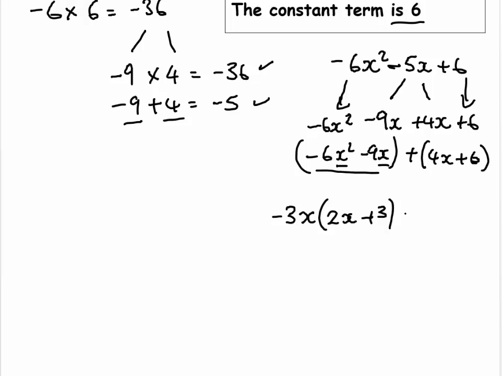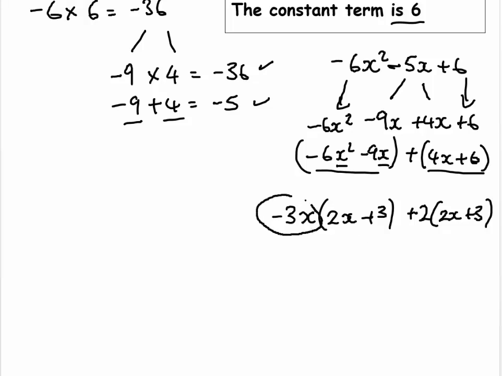Okay. Then in this bracket, we're going to do 4x plus 6. The highest common factor is going to be 2, and it's positive. So 2 times 2x will give me 4x, and 2 times positive 3 will give me 6.